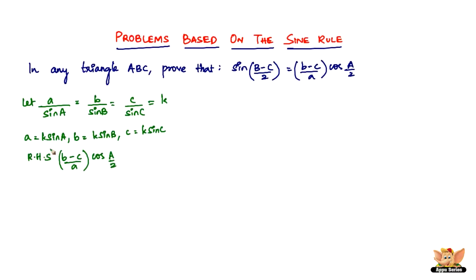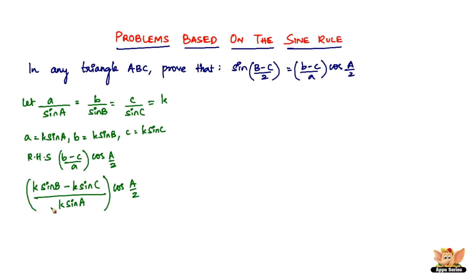Substituting the values of a, b, c in this, b is k sine B, c is k sine C, divided by a, which is k sine A. Now this times cos of A by 2. We are just substituting, that's all.